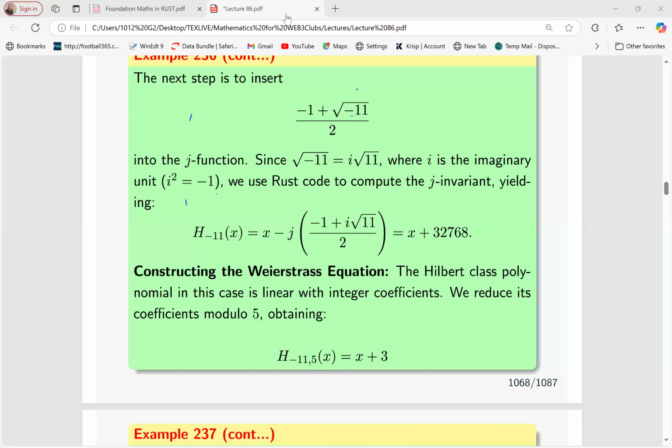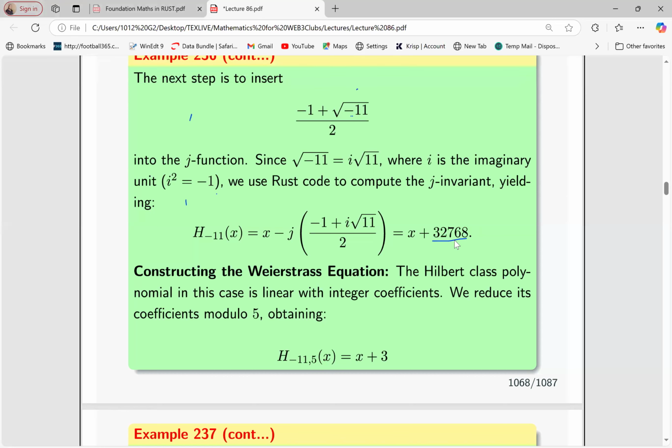I want to carry it to our equation. So what I have is this: it is x minus negative 32,768. And this minus and this gives you a positive value.